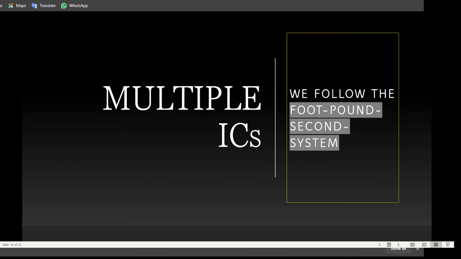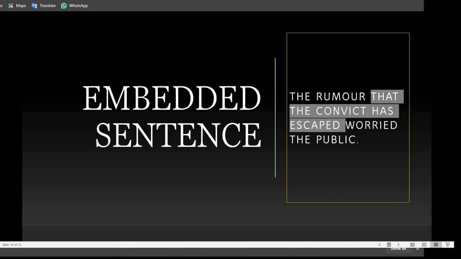Then comes embedded sentence. Look at the example. The rumor that the convict has escaped worried the public. So one full construction is embedded into another construction. That the convict has escaped is a full construction that is embedded into a larger construction, the rumor worried the public.